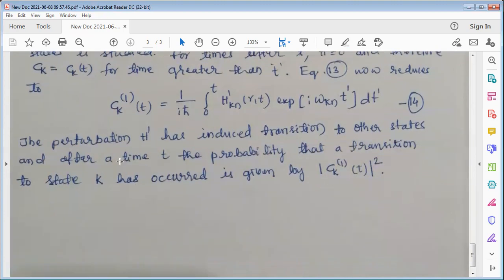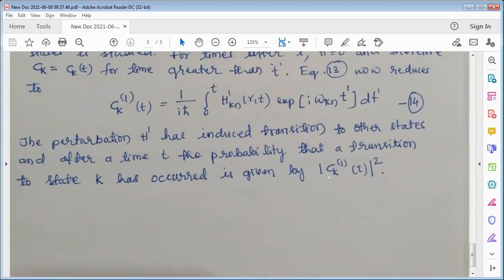And the perturbation H dash has induced the transition to other states, and after a time t, the probability that a transition to state k has occurred is given by ck1 squared, that is the square of the amplitude. This gives the intensity, and it also indicates the probability or probability density of the system in state k.